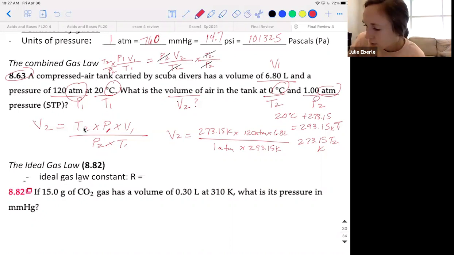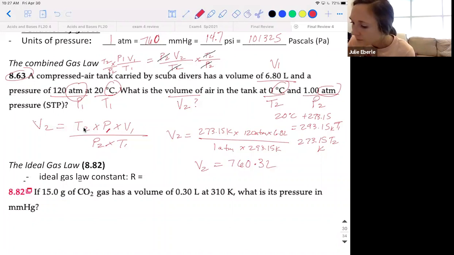And I got the volume of air in the tank would be 760.3, is that right? Liters? That seems really big. I think that's right, divided by 293. It just seems really big, but that's what I got. Do I get something different?